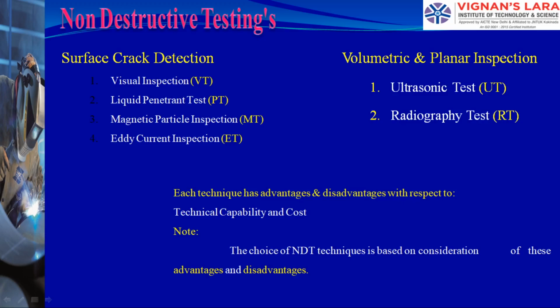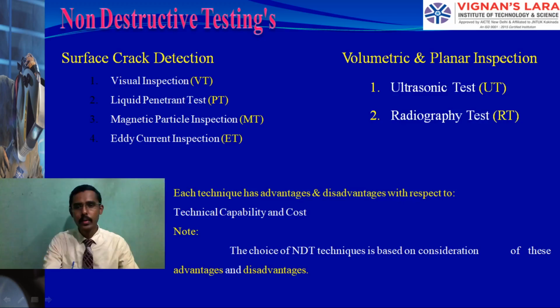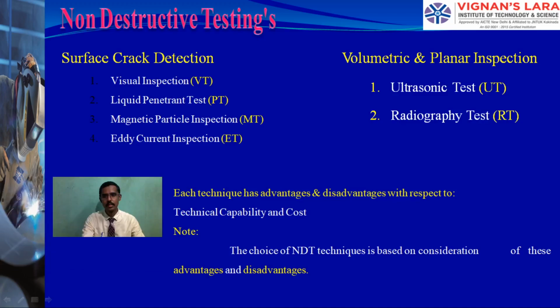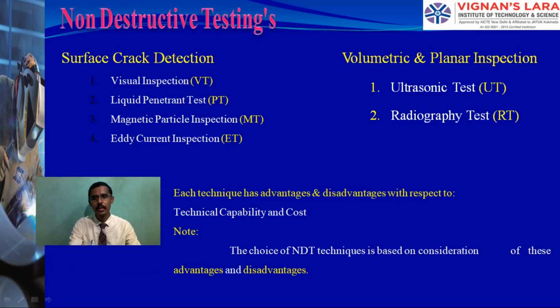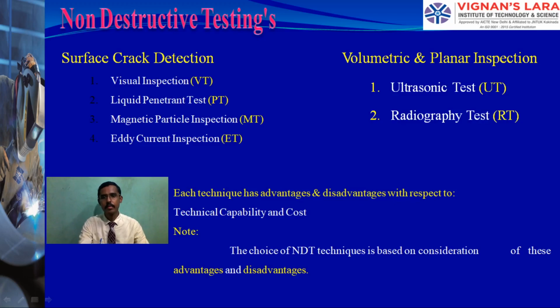You see, this is what we have already seen in the previous classes, such as the introductory part. It means we are dividing surface cracks and subsurface cracks. Likewise, we have divided surface defects and subsurface defects. Of these, our interest is magnetic particle testing.